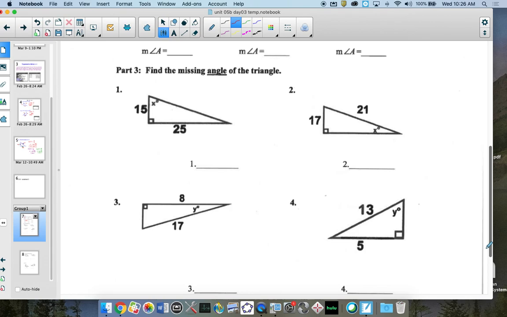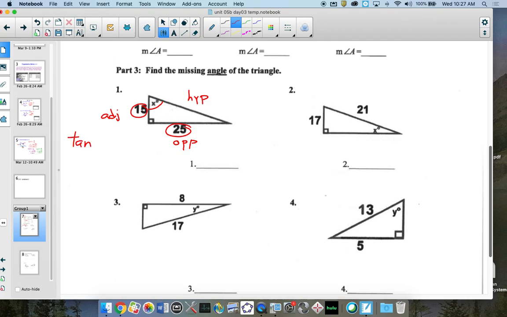Now for part 3, you have to find the missing angle that they're showing you. So for this problem, you mark the angle, label your sides. This is hypotenuse. This is opposite. This is adjacent. They're giving us numbers for opposite and adjacent, so that's tangent.